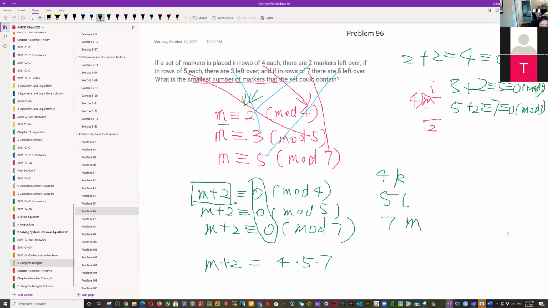So m plus 2 equals 4 times 5 times 7 times i, something like that. And I want the smallest number, so i has to be 1. Then the whole thing is 20 times 7 equals 140. So m plus 2 is 140, and m equals, subtracting 2 on both sides, 138.